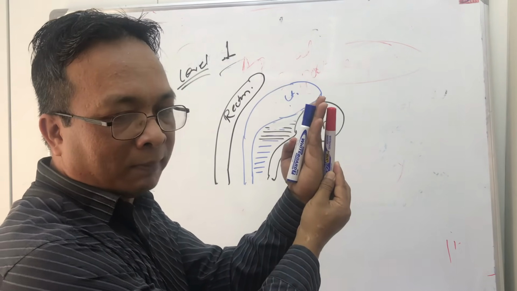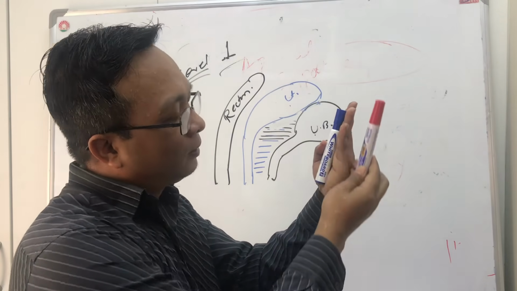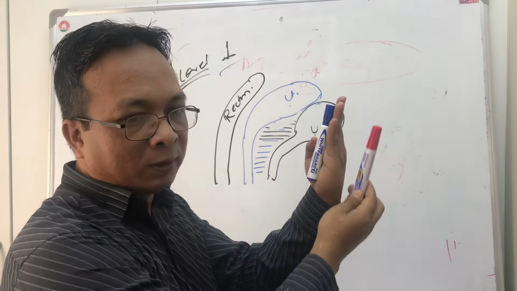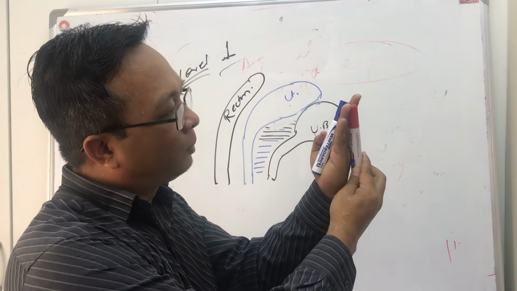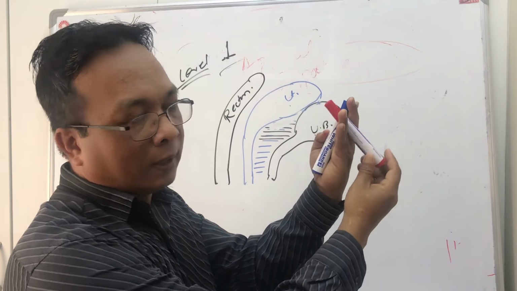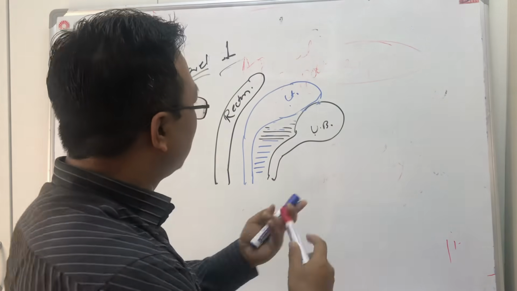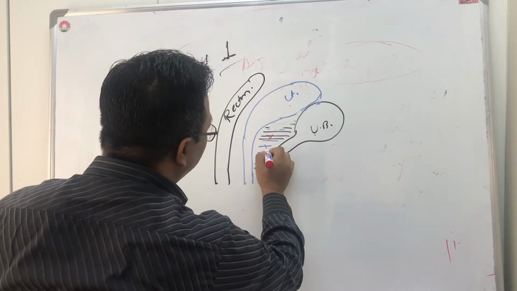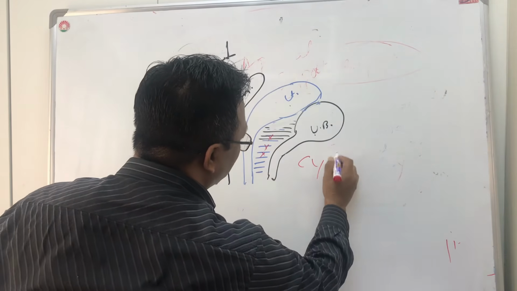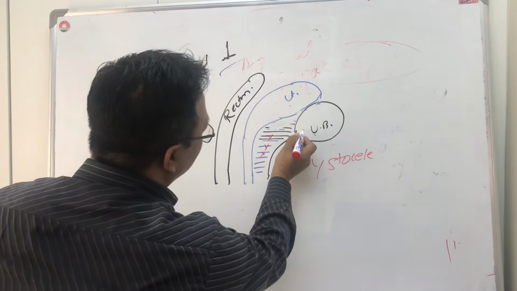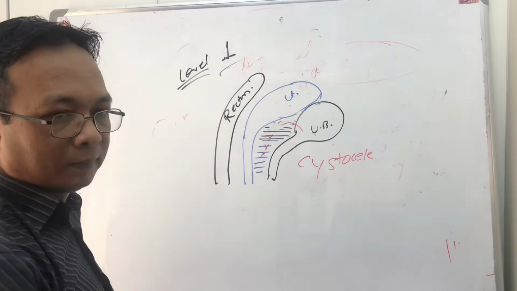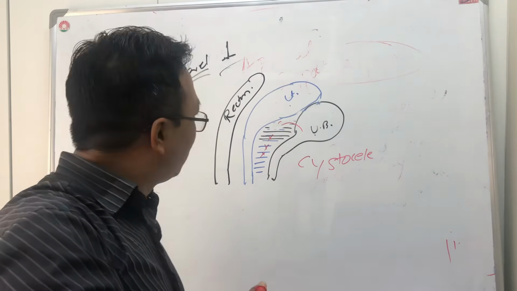This is the cervical septum. If there is a tear here, the urinary bladder will come out of it and there will be a pouch. This is called cystocele. So when there is a problem here, it can result in cystocele. You have to imagine that, okay?